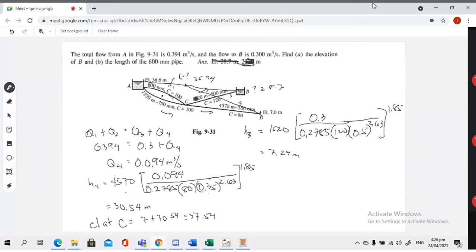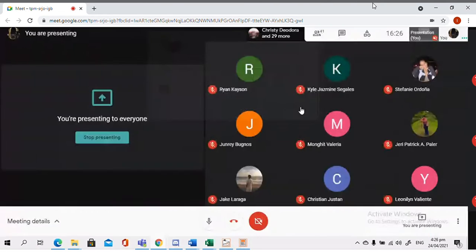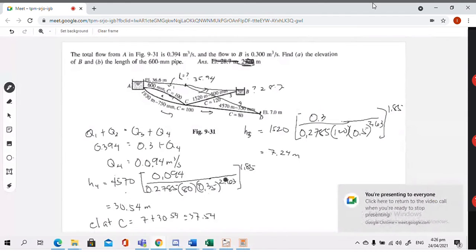Let's check this. Head loss 1 is equal to head loss 2. If we check everything, there's something wrong.